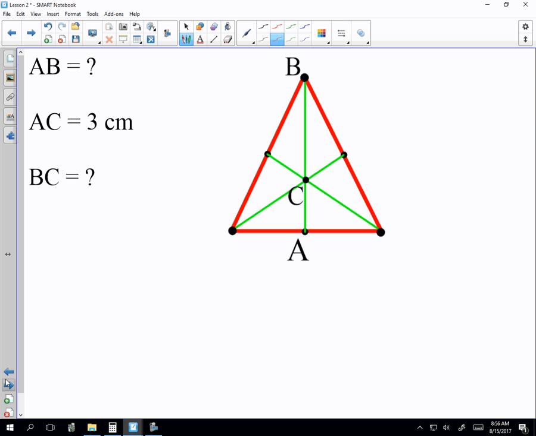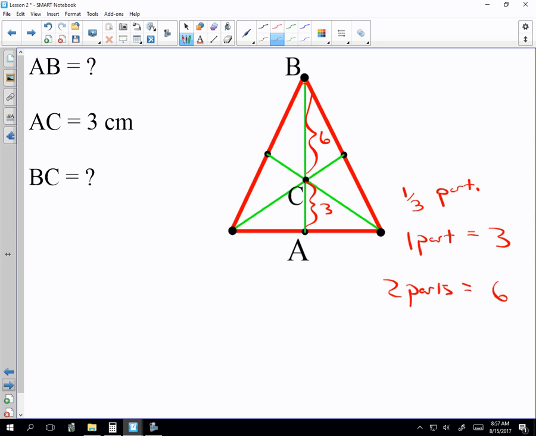Okay, just one more example here, and we'll finish up. So we've got AC is 3, and remember, AC is the 1/3 part, so it is just 1 part of the length equals 3. So now if I want BC, I want the 2 parts. If 1 part is 3, then 2 parts has to be 6 for that length.